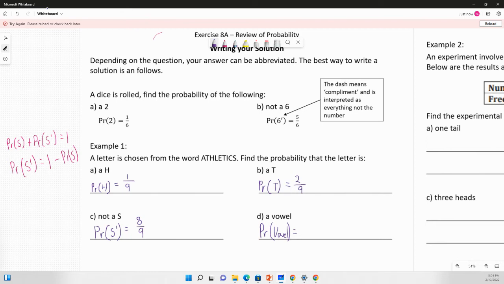So let's call it probability of getting a vowel. So again, let us count up the events that we're interested in. So the vowels. We've got 1, 2, 3 vowels here. And then our total sample space is still 9.